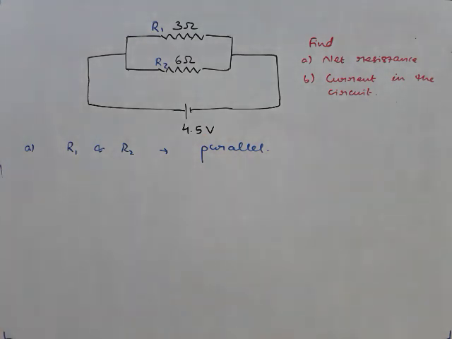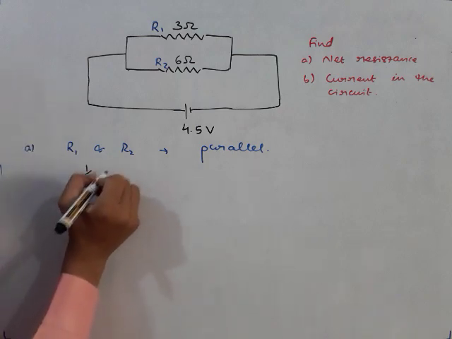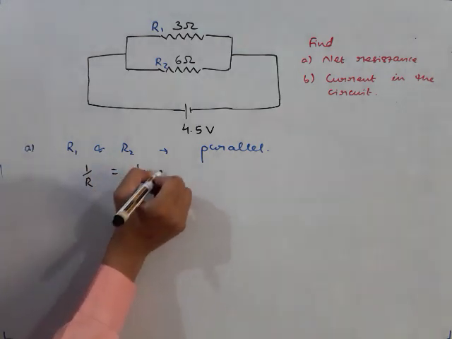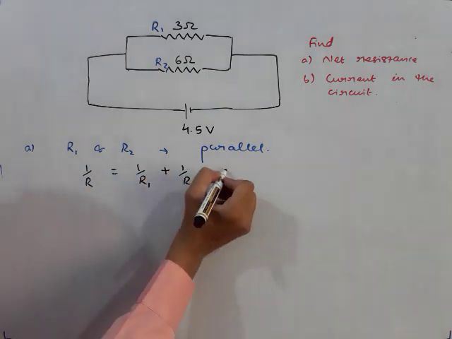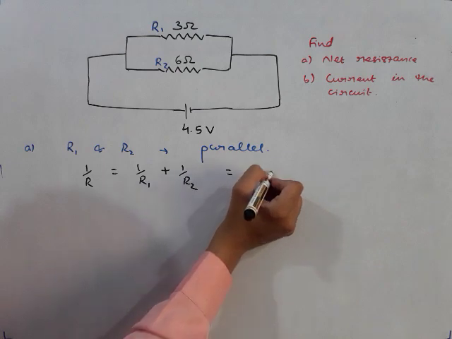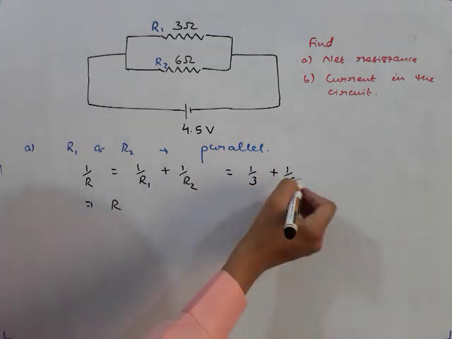Since they are connected in parallel, therefore the net resistance can be easily found using the formula 1 by R is equal to 1 by R1 plus 1 by R2, where R is the net resistance. So this becomes 1 by 3 plus 1 by 6, and this implies R. You can solve it yourself.